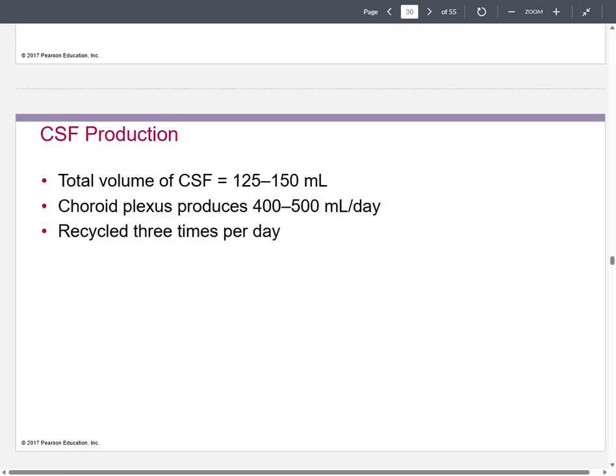Very, very accurate. And this is different from many other fluids in the body because they're not timed like this. Take blood, for instance. Blood circulates through the entire body over and over and over again. The red blood cells themselves can be up to 120 days old.